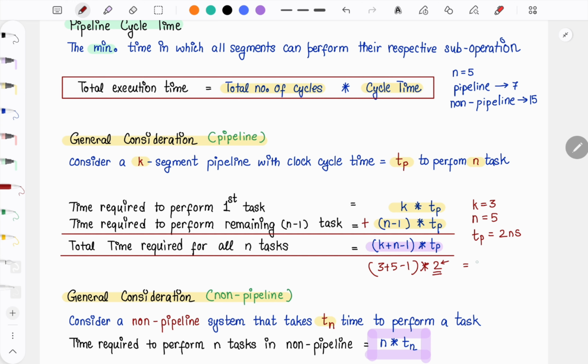So this comes out to be 7 into 2, which is 14 nanoseconds. In a similar way, in non-pipeline there are no segments present, so K will be of no use, but Tn will be given in the question. Let's assume Tn to be 3 nanoseconds. Number of tasks is 5 and Tn is 3, so it will be 15 nanoseconds.